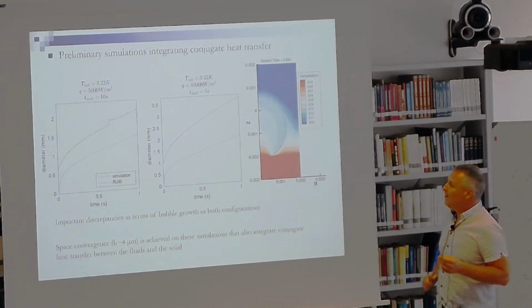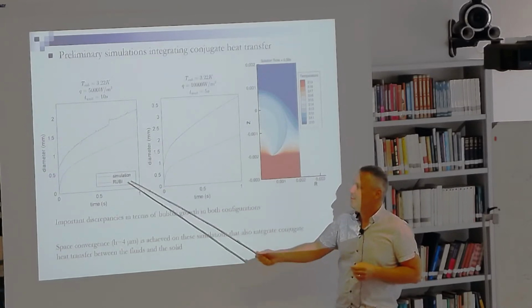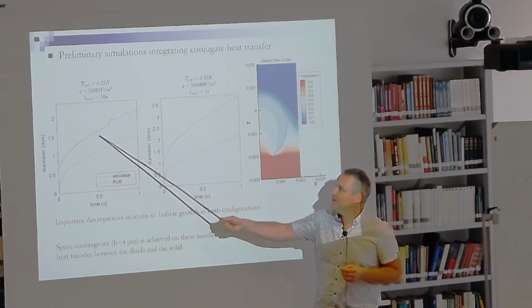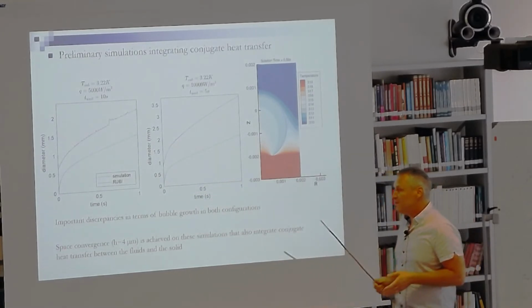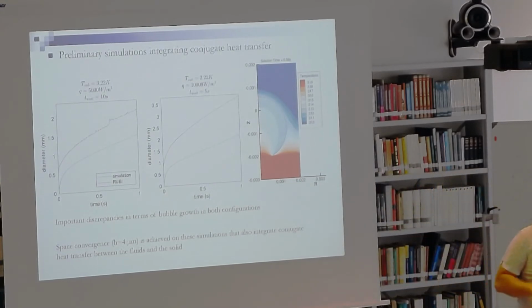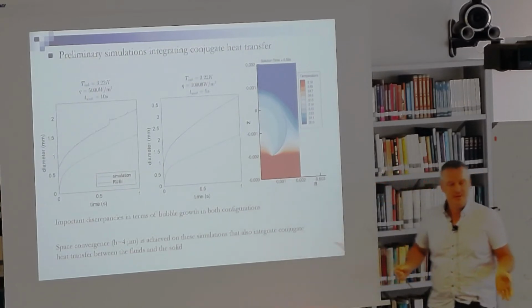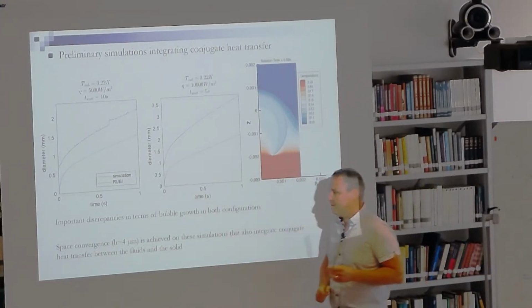And we observe a very large discrepancy between our numerical simulation in blue and the Ruby experiment in red. We have checked the space convergence with more and more refined grids, and we obtain that our solution is grid independent. So this is not a truncation error that generates this discrepancy between the blue curve and the red curve.